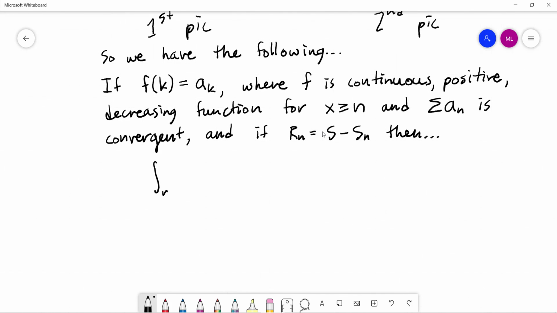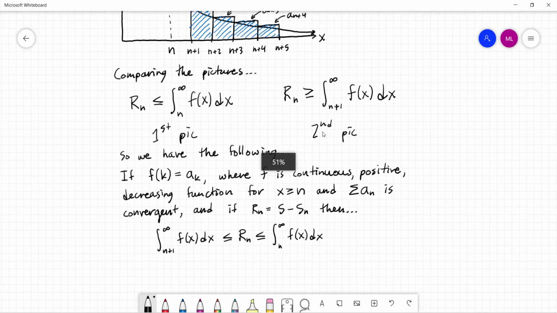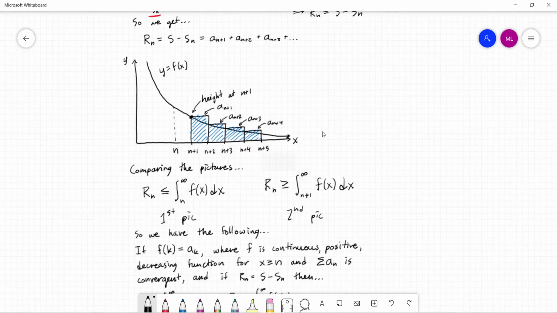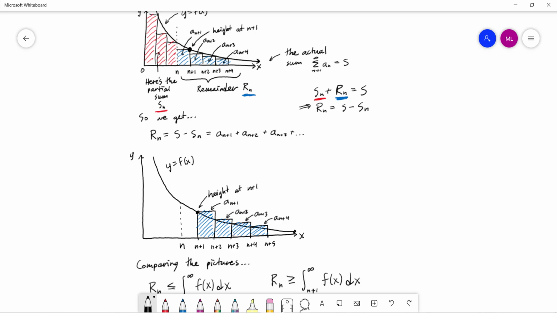We know that r sub n is between the integral from n plus 1 to infinity of f of x dx, and it's less than the integral from n to infinity of f of x dx. It's bounded by those two integrals, just based on taking the picture and shifting it over a little bit.